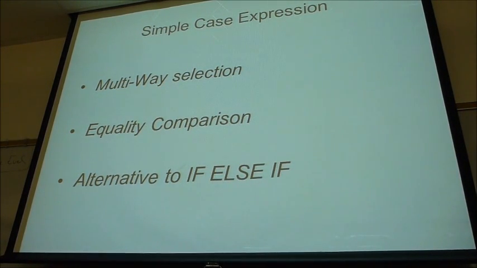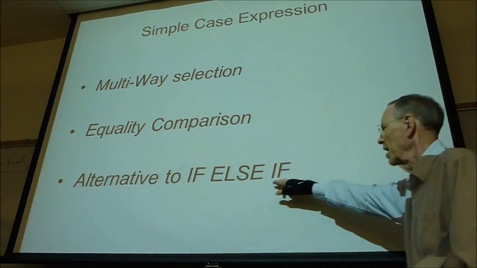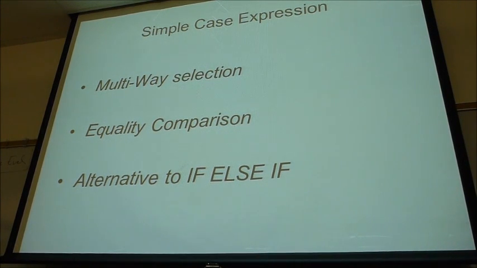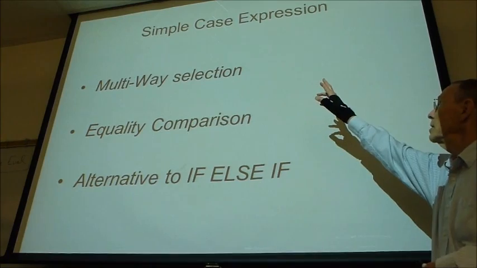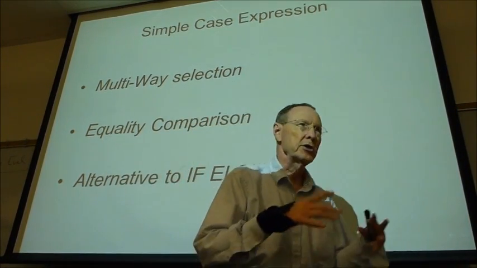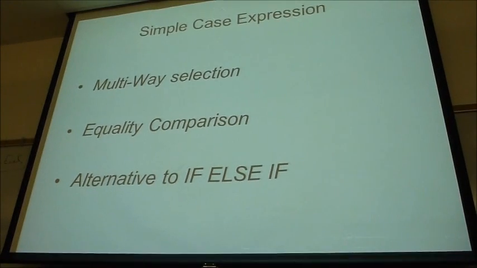If we wanted three-way selection, we'd say if else if, we could do that, but that gets very cumbersome. Rather than that, we'll use the case statement. The simple case statement here is for equality comparison.